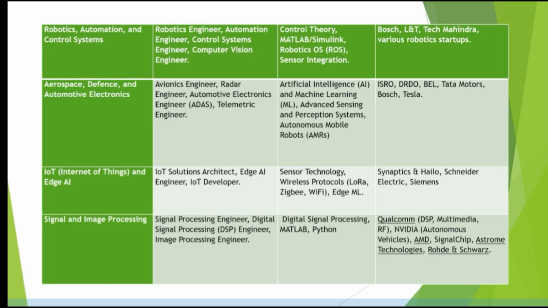You should have a good grip on digital signal processing, MATLAB, digital image processing, and Python. And the recruiters you can look at for signal and image processing are Qualcomm, Nvidia, AMD, Signalchip, Astrome Technologies, Rohde and Schwarz, right?